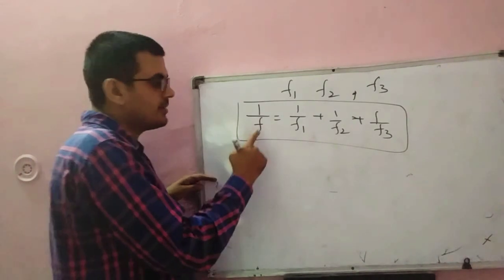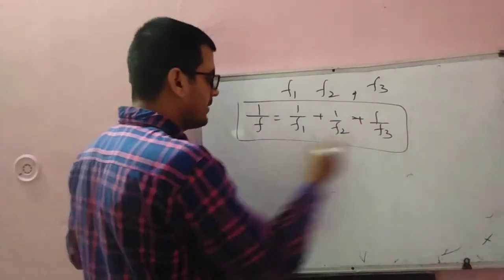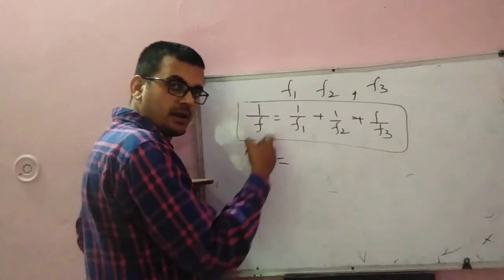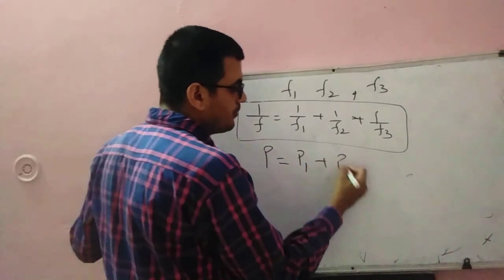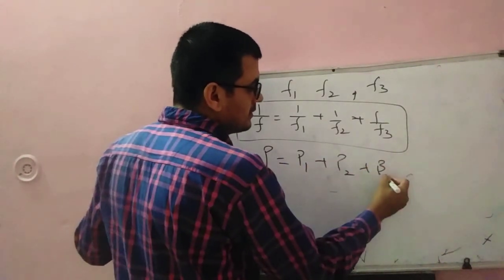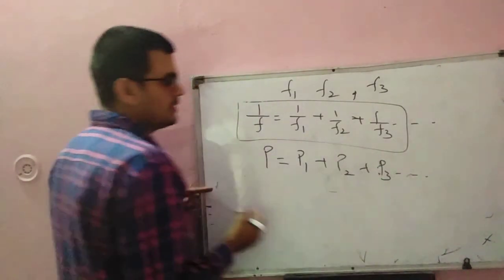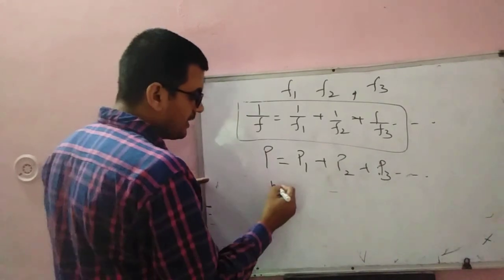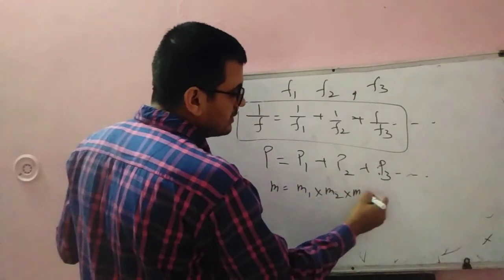So what will be power? Because you know power equals 1 upon focus, so P equal to P1 plus P2 plus P3, and so on. What will be the magnification in combination? M equal to M1 into M2 into M3, and so on.